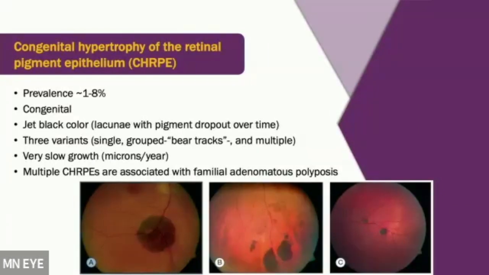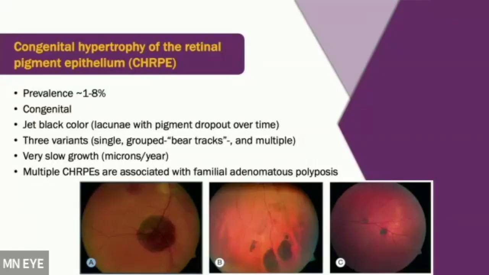CHRPE is also a common pigmented lesion we see in the retinal periphery. Unlike nevus, these are usually jet black, not brownish or darkish in color, and a nevus is deeper in the choroid. These are at the RPE level, jet black with sharp margins.